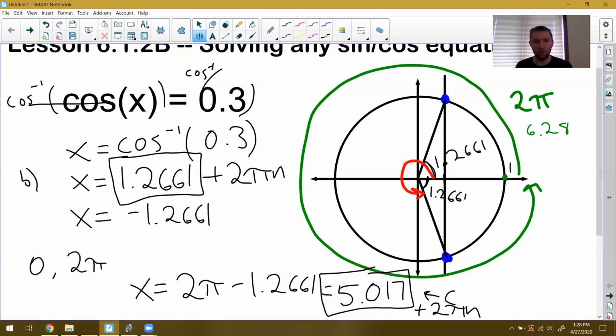So you can also do negative 1.2661 plus 2 pi n. These two together would be a generalized solution: positive 1.2661 and negative 1.2661, plus 2 pi n. But if you want to always use the two from the unit circle, then we would use the 5.017. So there are different options for representing the same solutions, because they're representing the same points on the unit circle.